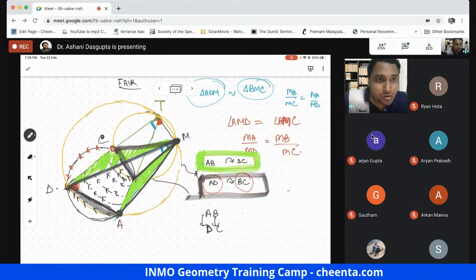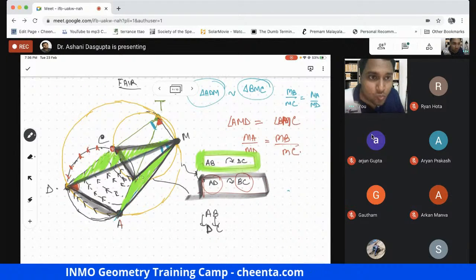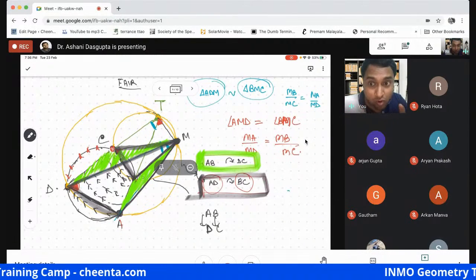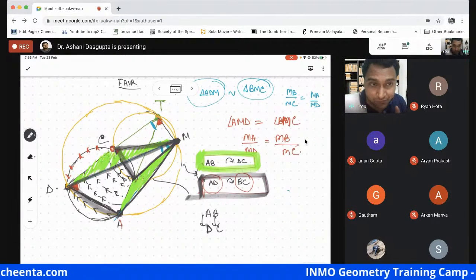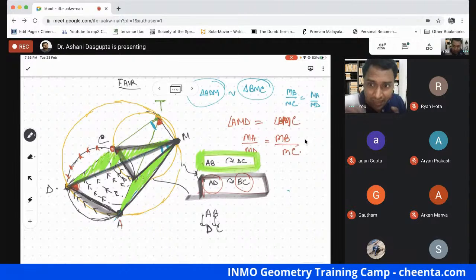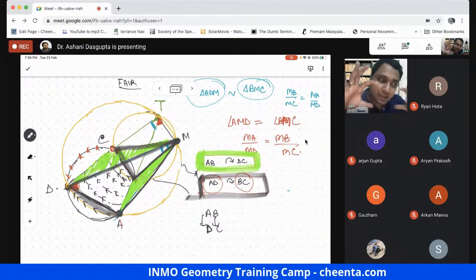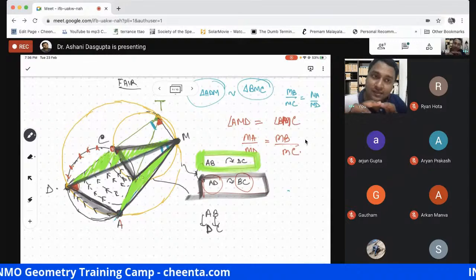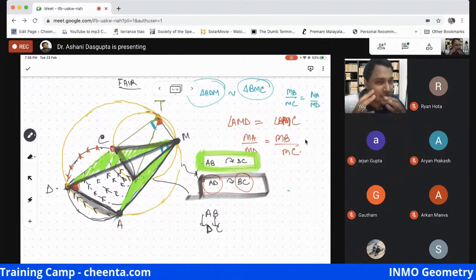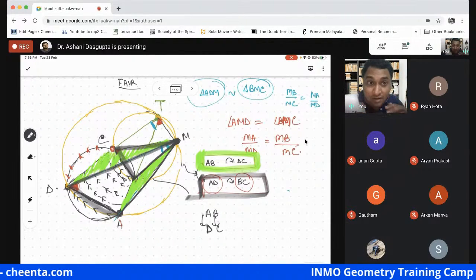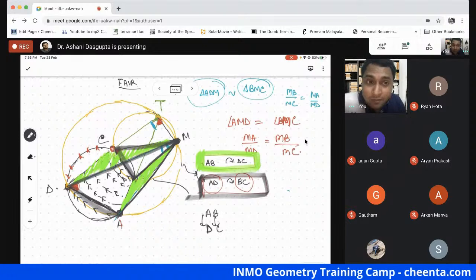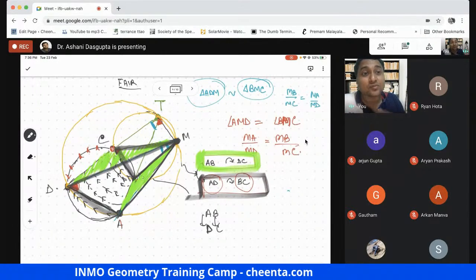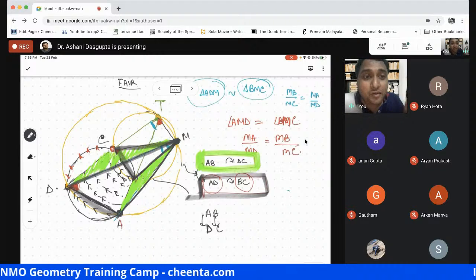I'm just going to wrap up this session with one pointer that might give you a clue why this would be very useful. If there is a spiral similarity between two objects, there are not many points that are under your control, but there are some things that are under your control.